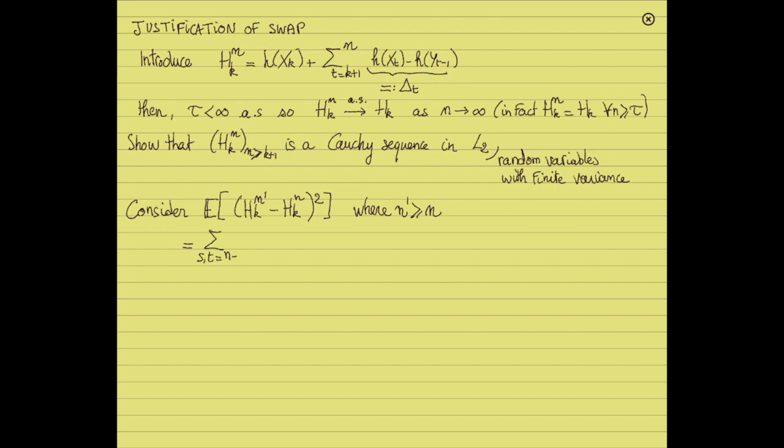It is simply the double sum over indices s and t from n plus 1 to n prime of the expectation of delta_s times delta_t. And by Cauchy-Schwarz, we can upper bound each of those expectations by the square root of the expectation of delta_s squared times the expectation of delta_t squared. So that's an application of the Cauchy-Schwarz inequality for all s and t, and there's only finitely many of them.